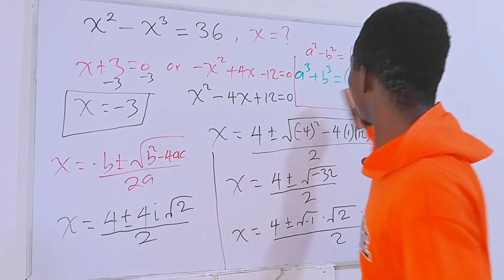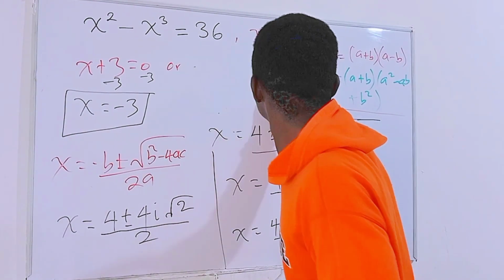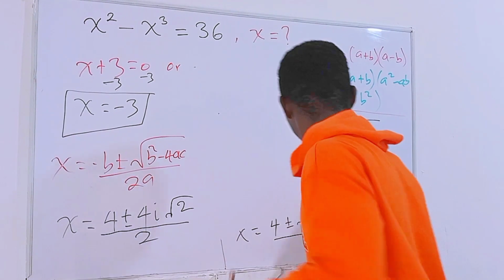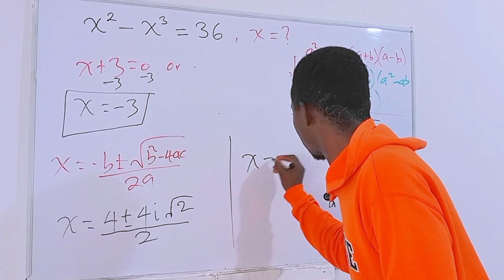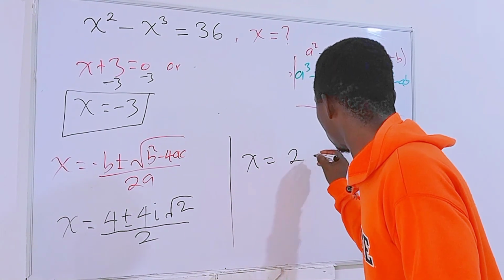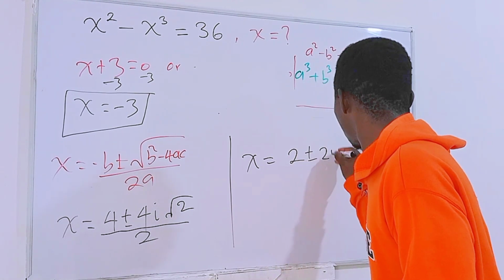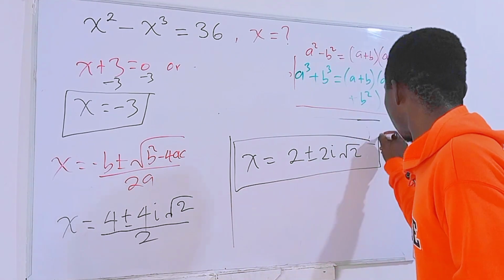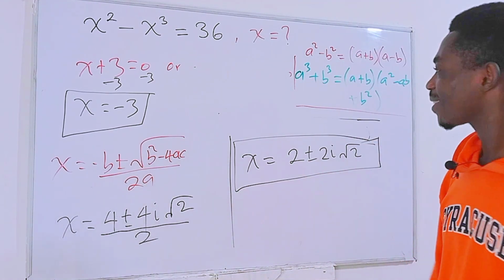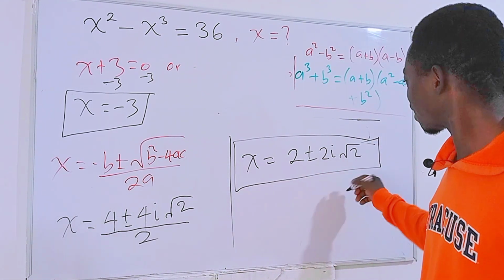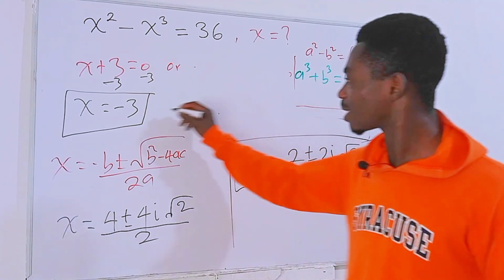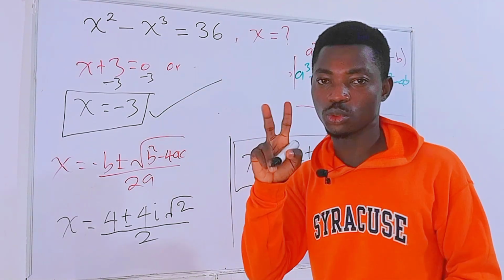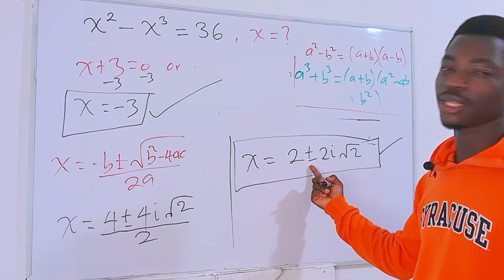So, ladies and gentlemen, the final answer to this quadratic equation right here is x is equal to 2 plus or minus 2i root 2. That is that. So, looking at the solutions, you can see that this is a complex solution. This is the real part. Actually, we have two complex solutions if you split this.